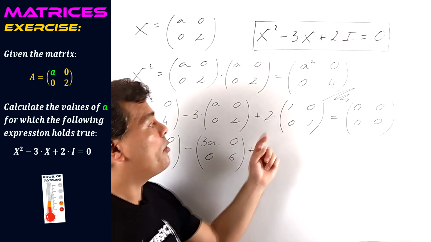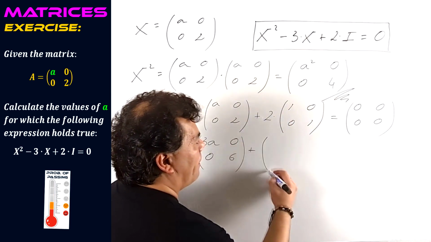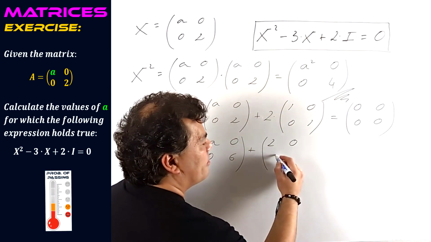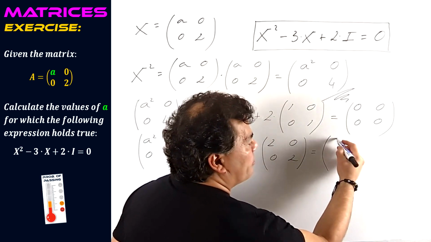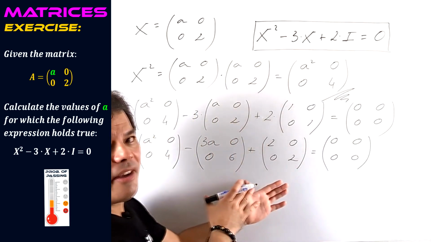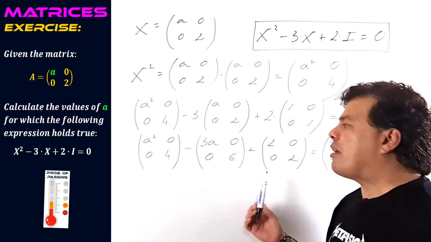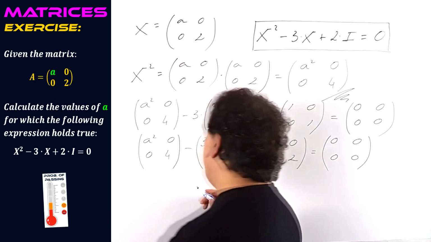Plus, we are also multiplying by 2 every element inside. 2, 0, 0, 2. And we rewrite the null matrix 0, 0, 0, 0. Okay? Easy, right? And now, in only one step, we can operate all these matrices. How are we going to do it? Very easy.